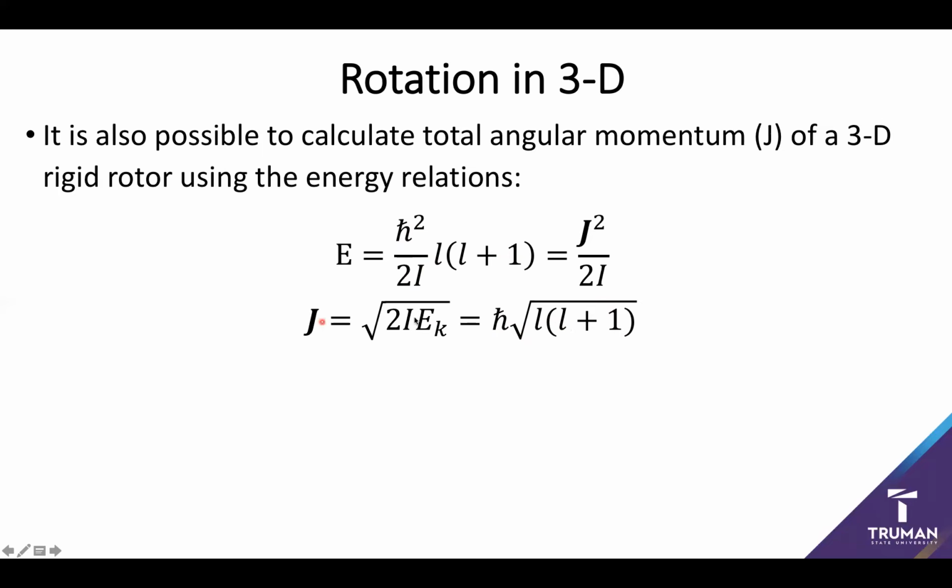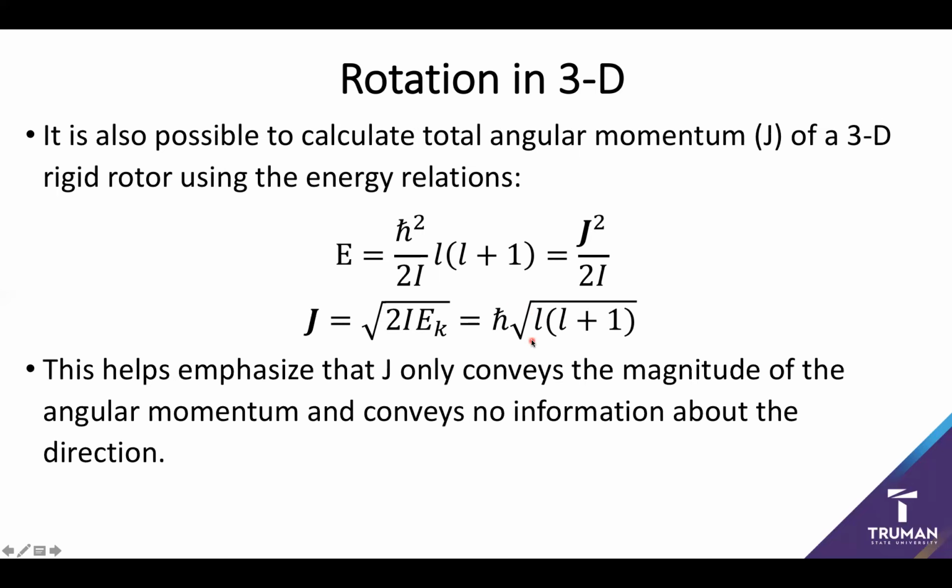Now, one of the reasons I want to do this is to convey some very important parts about motion. First of all, one of the things you'll notice is that total angular momentum will only ever be positive, because my L has to be positive and it's sent through a square root. So total angular momentum is only going to convey a magnitude of angular momentum.